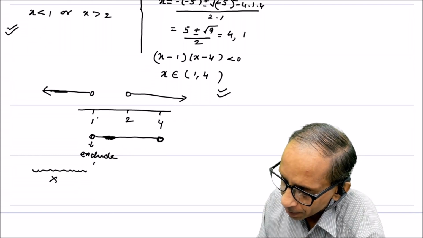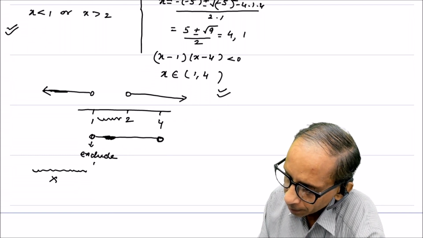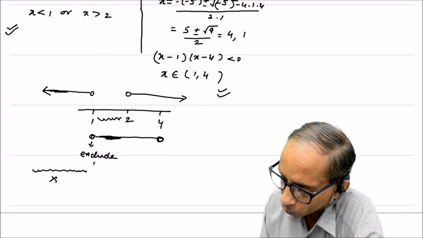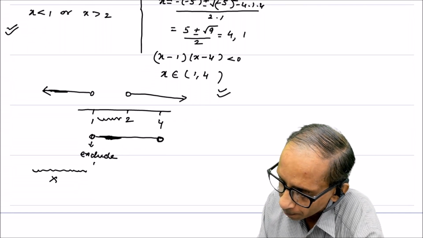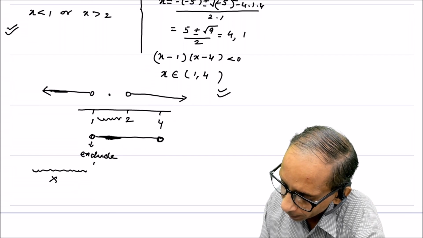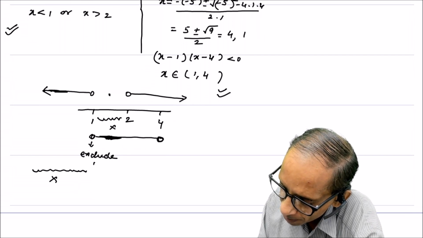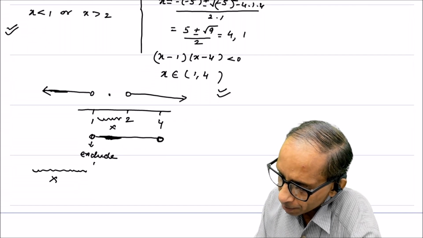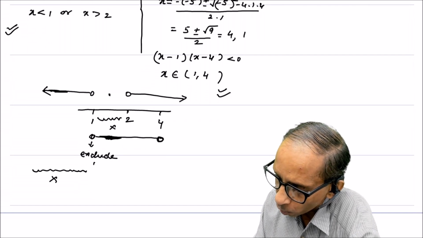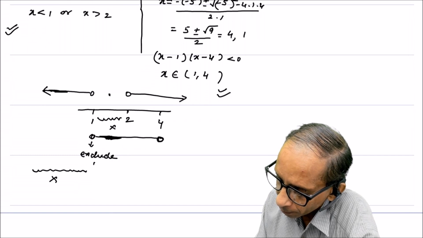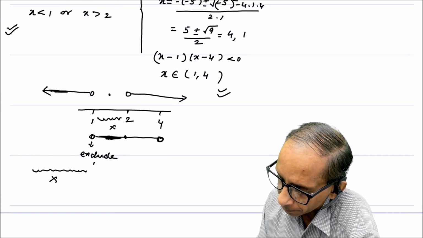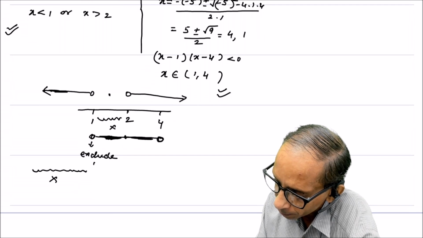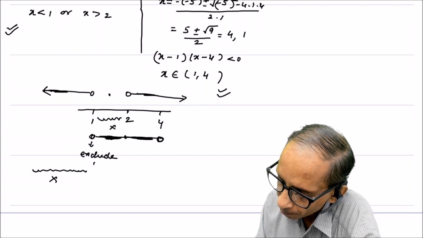If we consider the region 1 to 2, there is support of this line for that region, but there is no support here, so we again exclude this region.